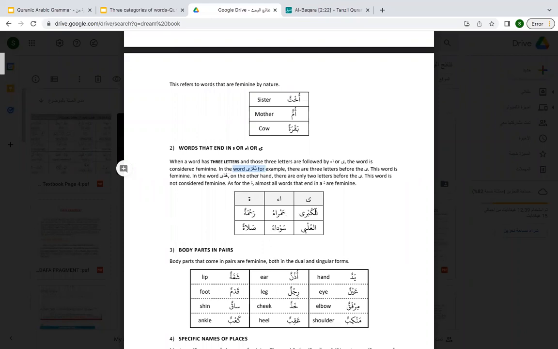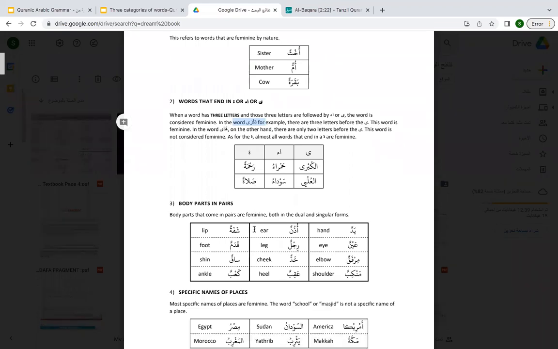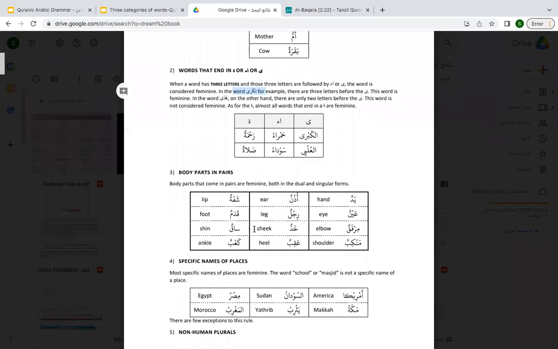Then there are other examples. If you can see Al-Kubra, Al-Ulya, Hamra'u, Sawda'u, Rahma, Salah. And you can see ta marbuta ending words are going to be your feminine words. Body parts in pairs, as we have discussed in our previous slides, are going to be treated as feminine in Quran.